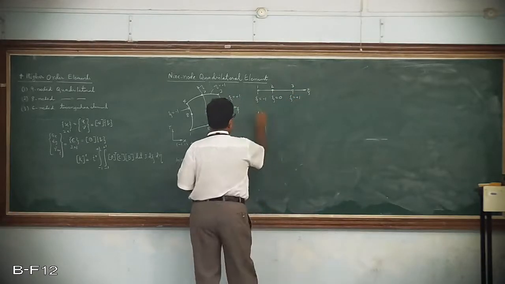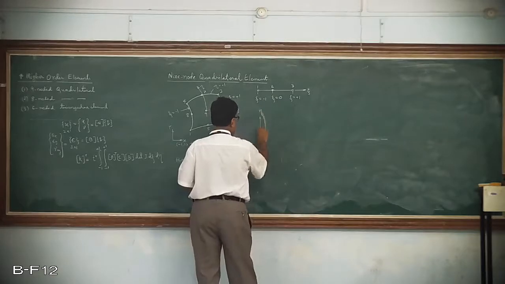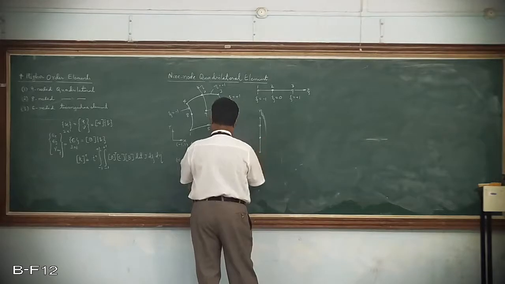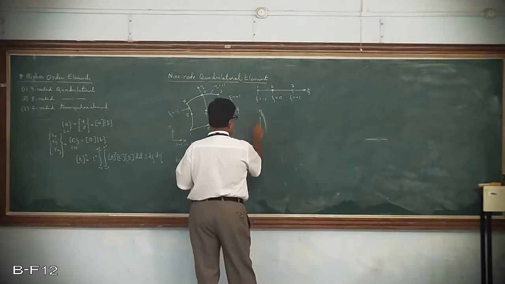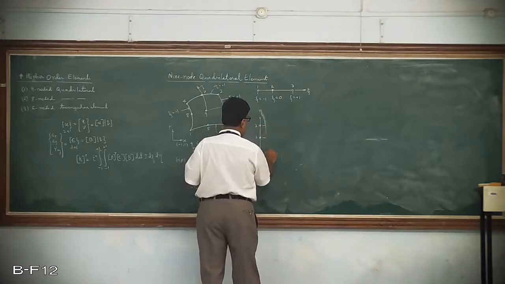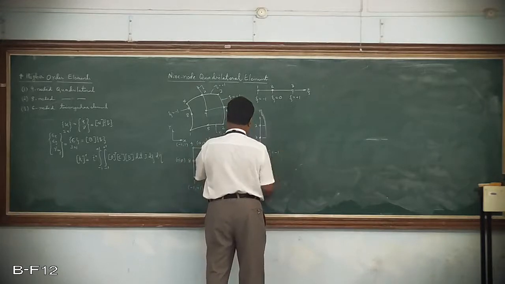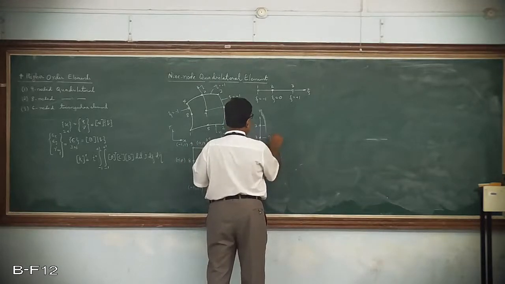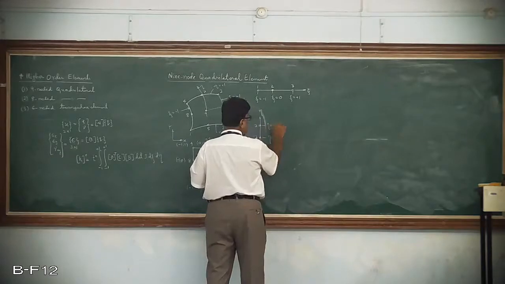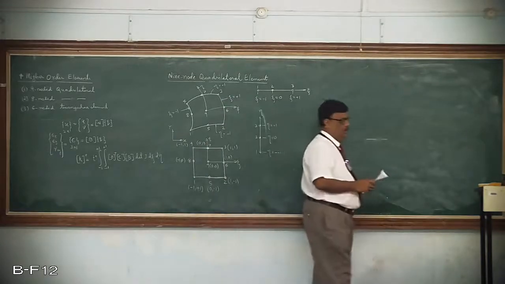And similarly, for the eta coordinate, you take like this. You consider this as 1, 2, 3, and these are obviously eta equal to -1, eta equal to 0, eta equal to +1.